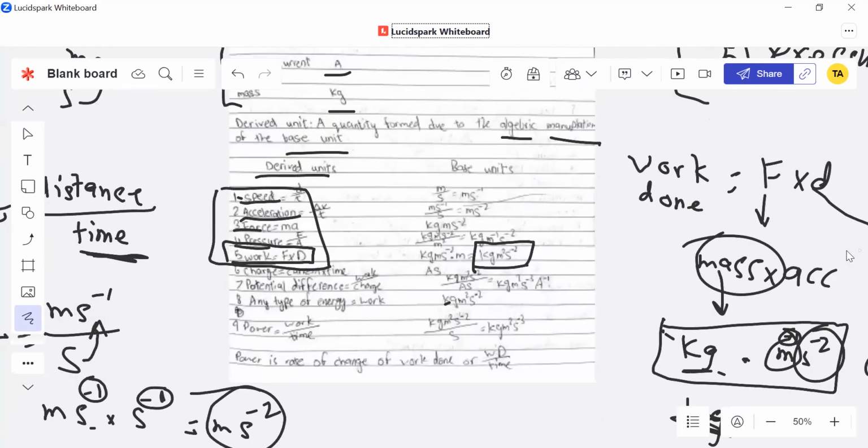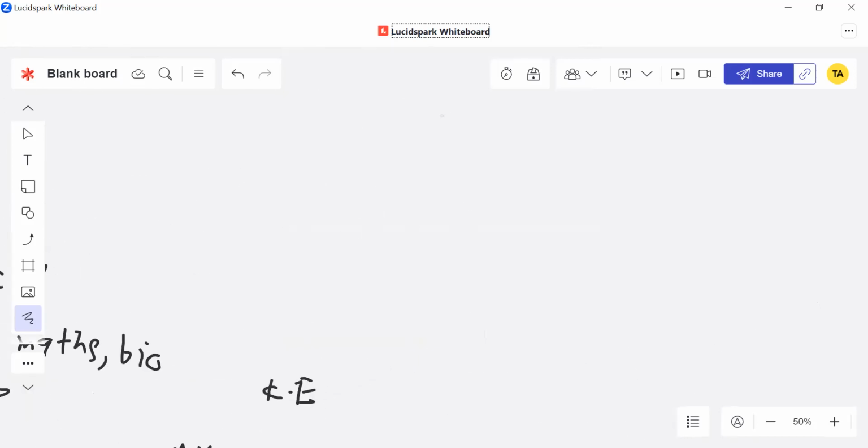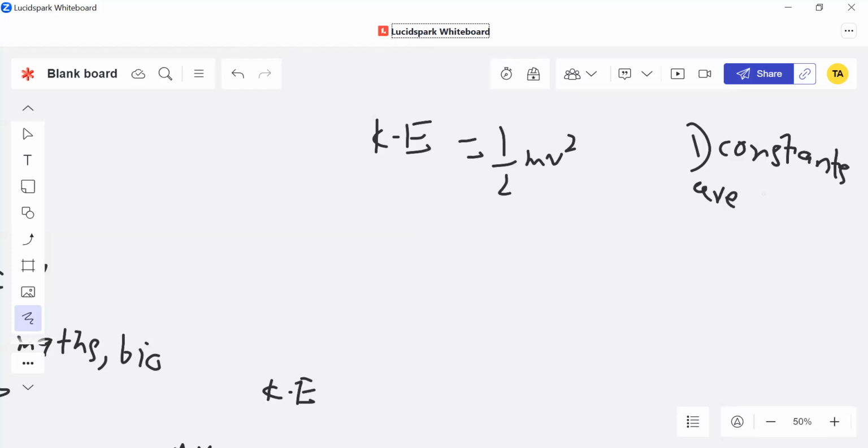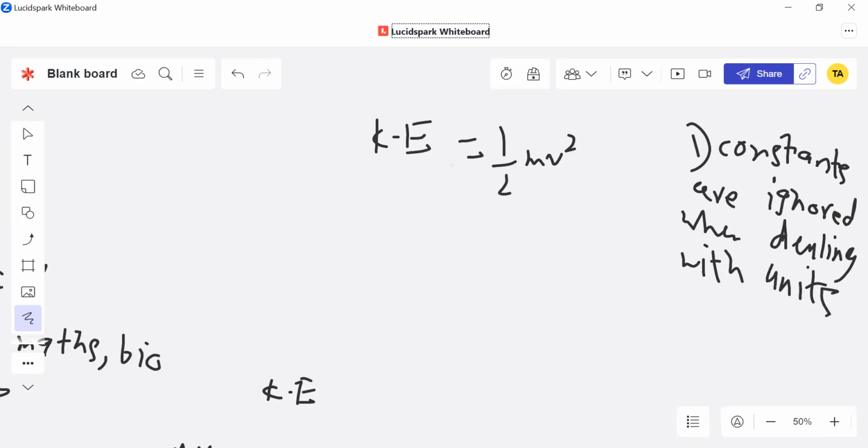I think I've written kinetic energy right here. No, I haven't. So let's do kinetic energy now and I'll prove it to you that it's the same. So kinetic energy I know is half times mv square. Now another rule that you need to know is that constants are ignored when dealing with units. So what is a constant? A constant is anything besides a unit.